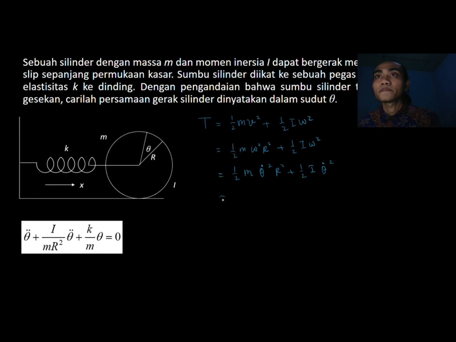So we can write it as theta prime squared times r squared, plus the rotation energy, which is of course the same. The omega is theta prime squared, so we separate it, which becomes this one.